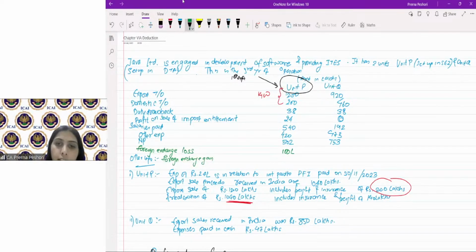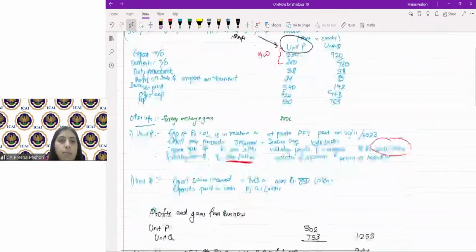Foreign exchange gain is 200 lakhs. So what will happen in this particular case? Or let me just put it like this. Let me not put it over here. Foreign exchange gain I am writing. Foreign exchange loss I am writing over here.